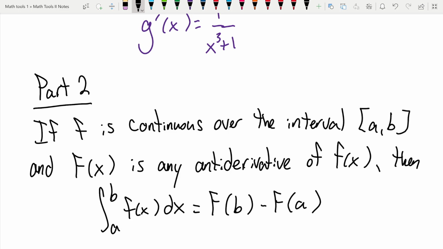Okay, so this finally gives us a way to solve the definite integral, which is that we find this antiderivative and then we plug in the limits of integration into it. Okay.